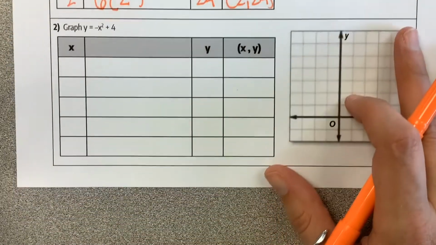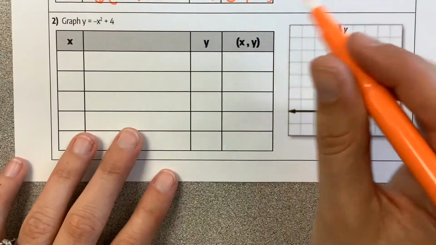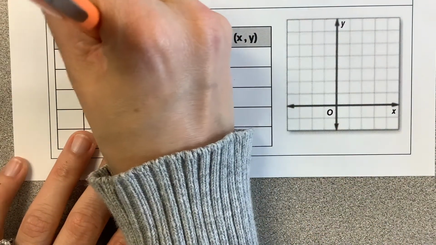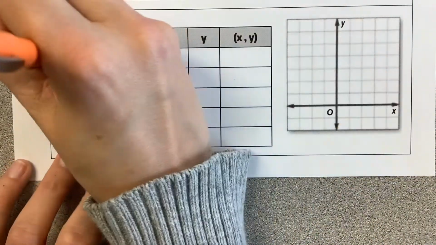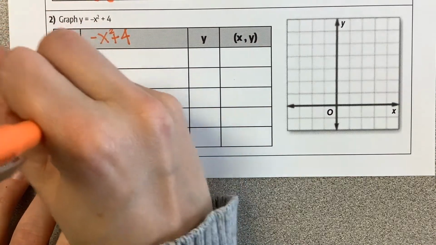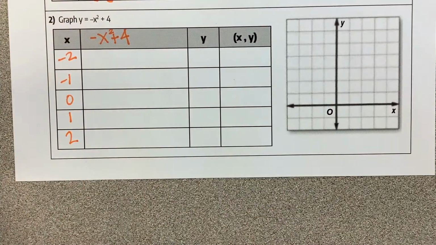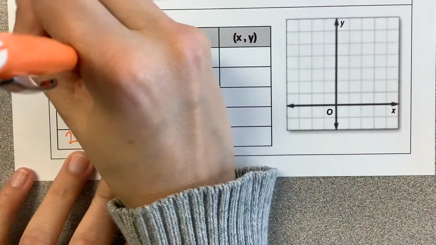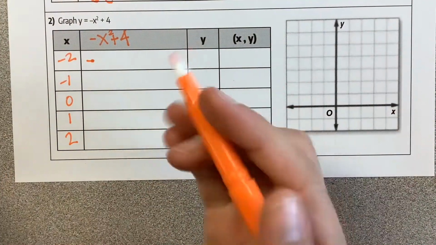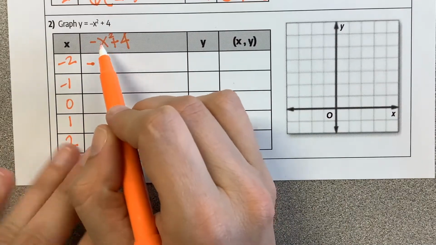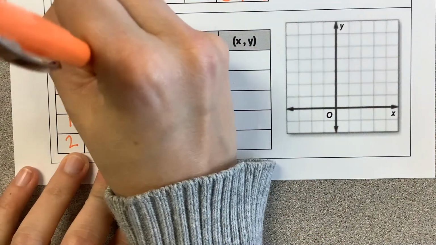Let's try another. y equals -x squared plus 4. Plugging in -2, -1, 0, 1, and 2. So, negative on the outside, because this is multiplication times the exponent. Exponent comes first: -2 squared.